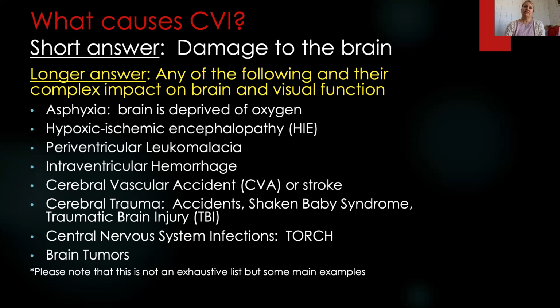There's just anything, as you're looking through your kiddos' case histories, and you see things in their reports that would indicate any kind of effect on the brain, take note of that. Does that mean that they're going to automatically have a cerebral vision impairment? No, but it does definitely increase the chances of that.